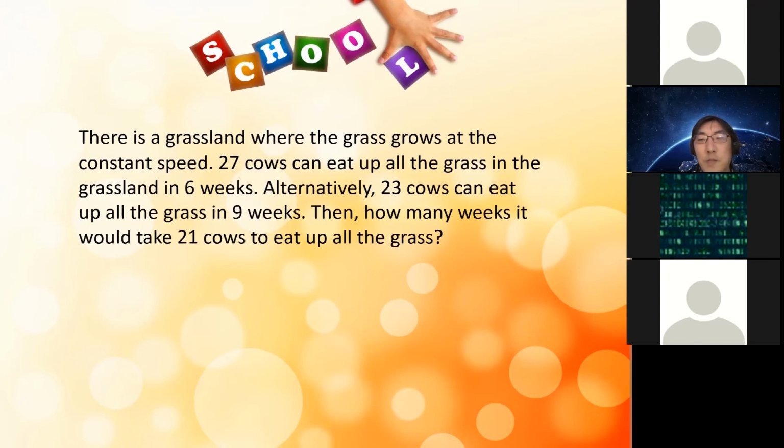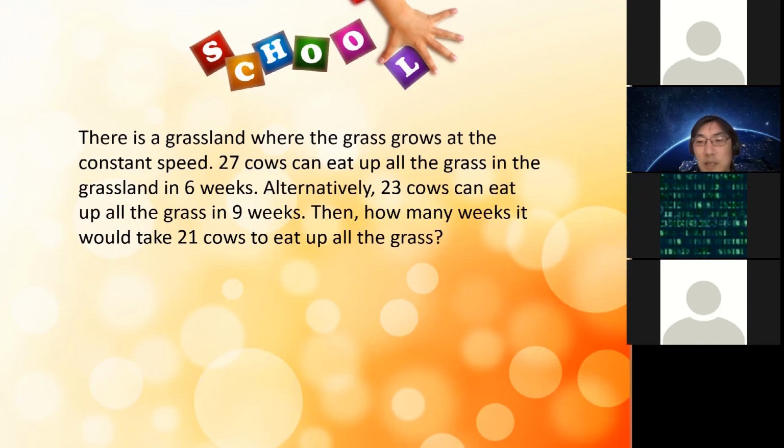And also, it says these cows eat all the grass in 6 weeks. So over 6 weeks, we also have to assume that every day the cows eat the same amount of grass.